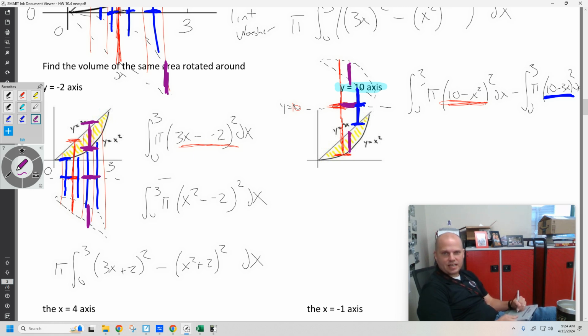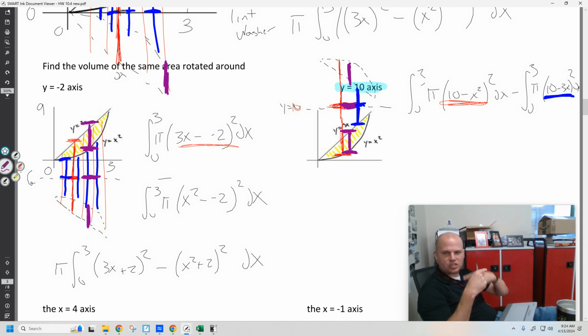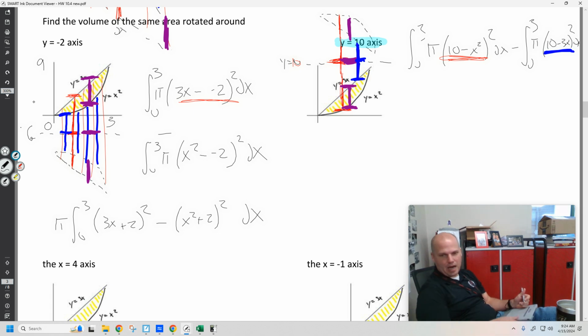Understand that the radius is affected by that 10. Understand from the y equals 10 kind of spoke that this rectangle is being spun around to create this tire that just has like the rubber outside, that the outer radius is 10 minus x squared and the inner radius is 10 minus 3x. Make sure you don't do top minus bottom.